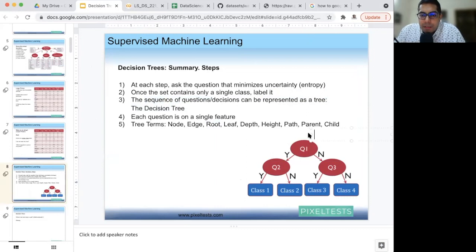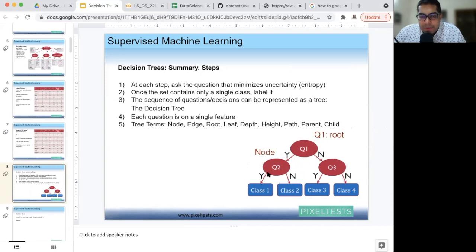Q1 is the root. This is a node. Of course, Q3 is also a node. I'm not going to write that.